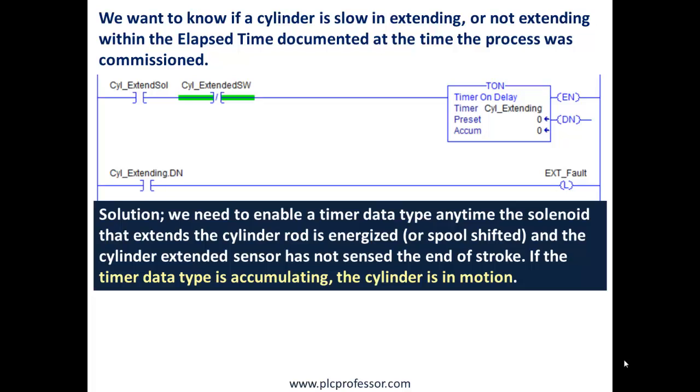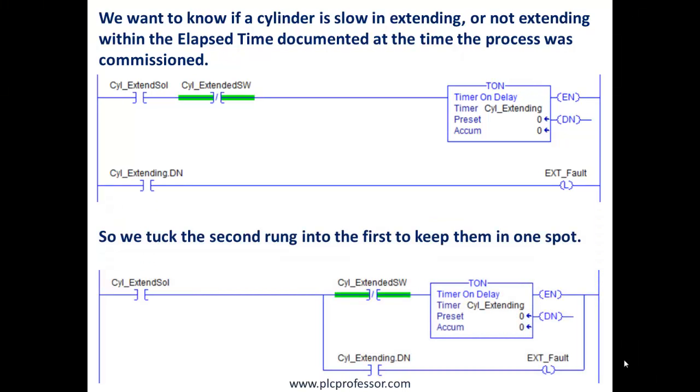For the sake of good logic grammar, we modify the logic to make it more conventional, but it still functions the same. So you see, the only thing we did was, because the done bit will not be on if the timer's not timed out, then we can actually collapse it up into around the TON instruction.